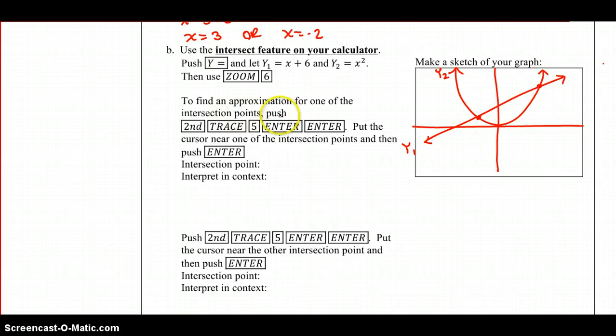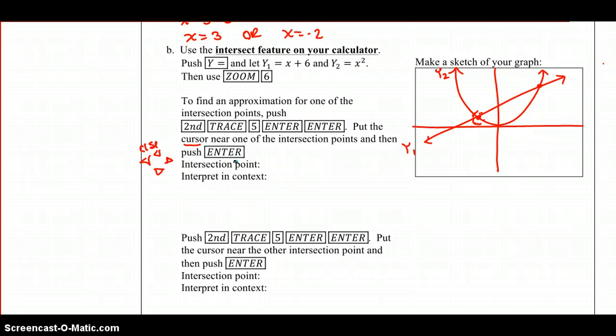To find those, we're going to push second trace 5, because that's our intersect feature, and enter, enter. But now we have 2 points for it to find. So you're going to use your arrow keys to put the cursor near one of the intersection points. Try to put your cursor somewhere near over here where they cross, and then push enter again.